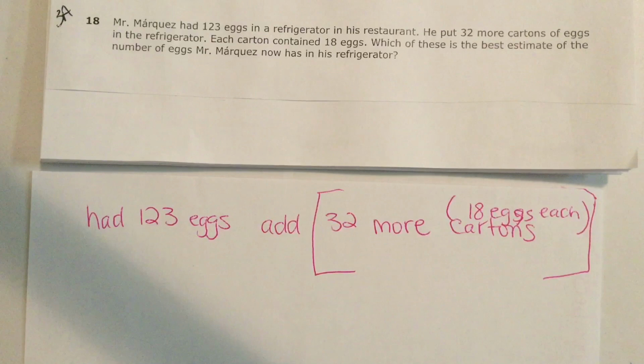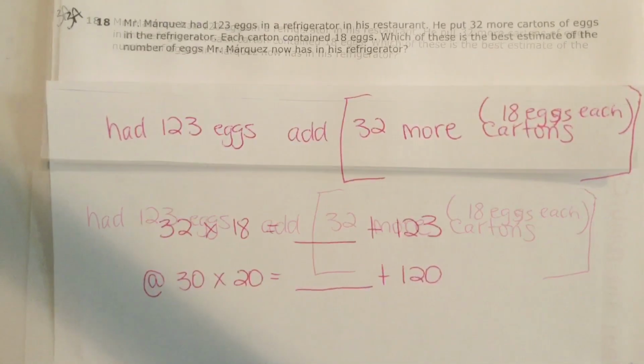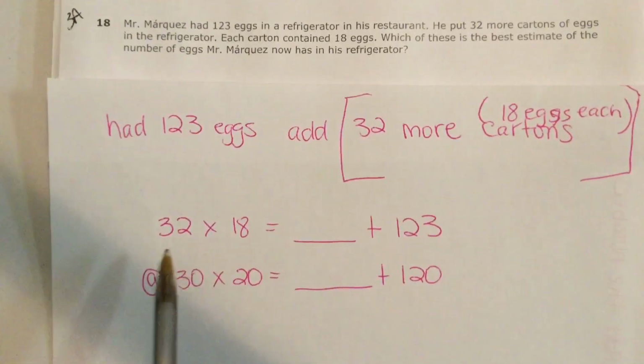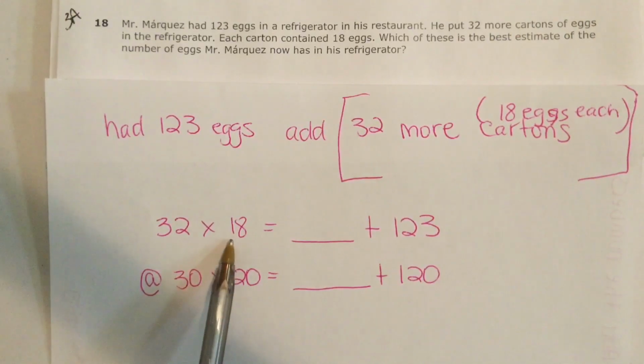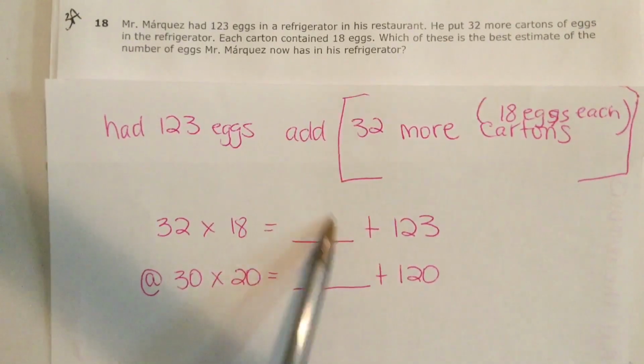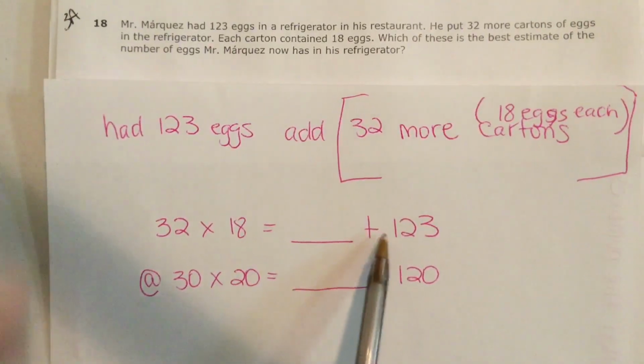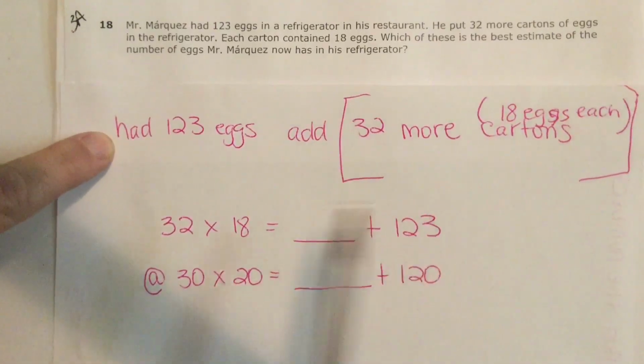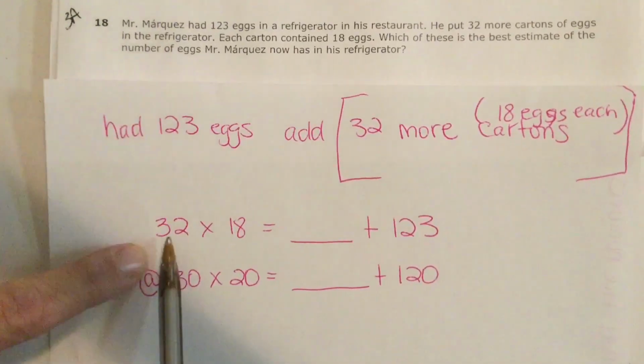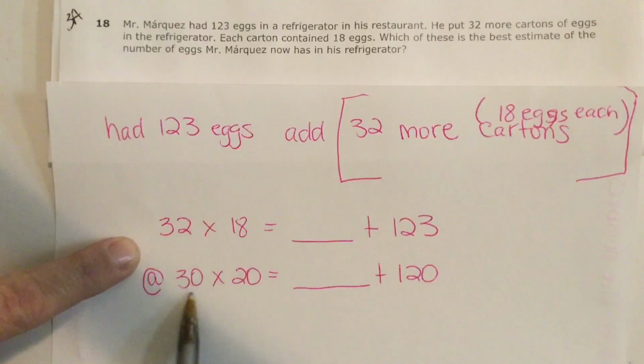Okay, I don't want the answer. I just want to know what you're going to do to solve the problem. Okay, so to solve it, you would have said 32 cartons times 18 eggs in each carton equals blank, plus the 123 that he had. But it said about, so that means we're going to estimate 32 to be 30.